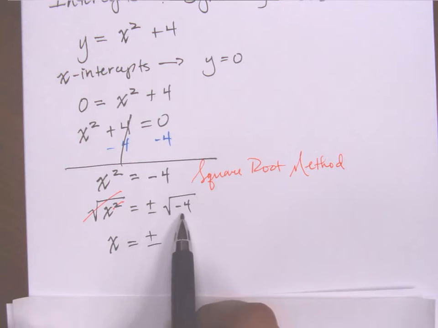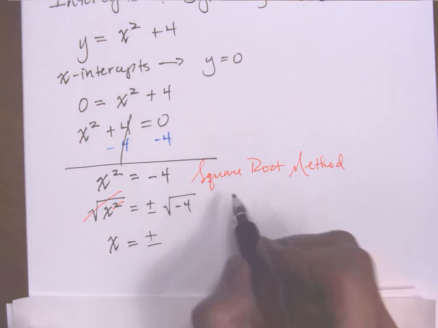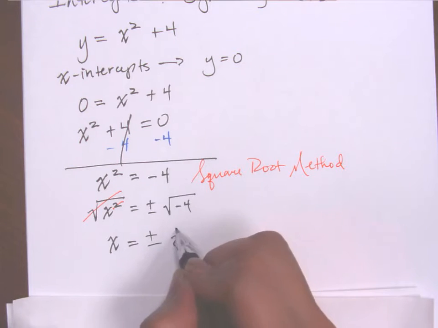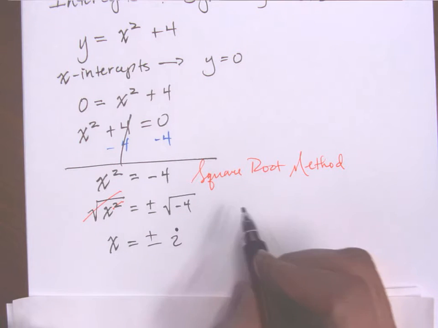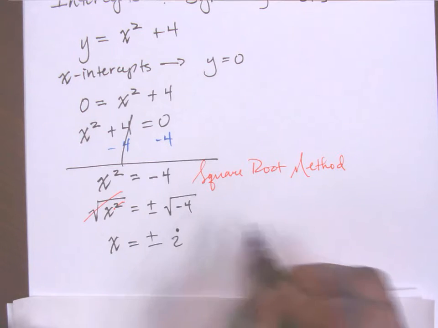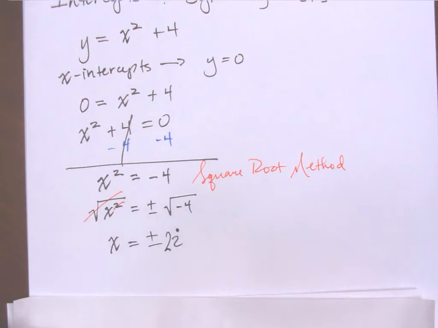I've got a negative number underneath my square root. We don't like that. We pull that out as an i in front. And I know the square root of 4 is 2. So x equals plus or minus 2i.